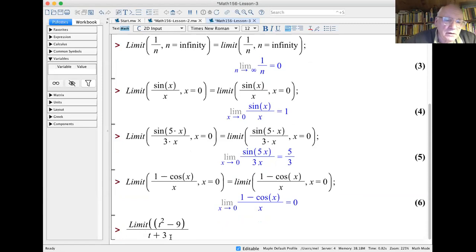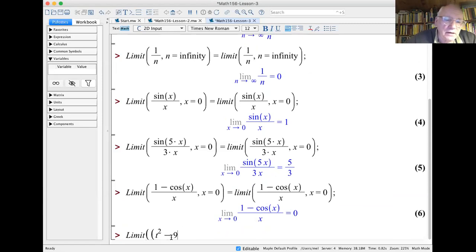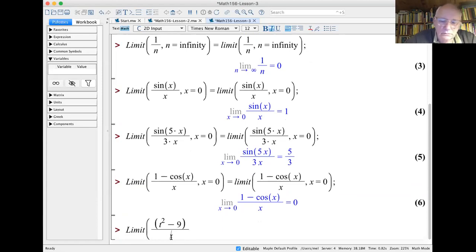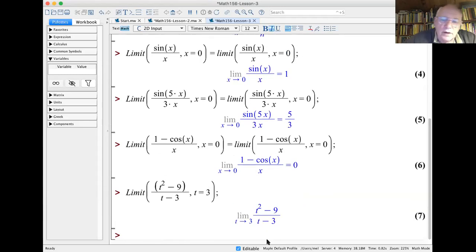Oops, that's not good. t minus 3, that's easier. As t approaches 3, you can't just plug in t equals 3 because you would get 0 over 0. But what you learn in Calc 1 is that the limit is 6.